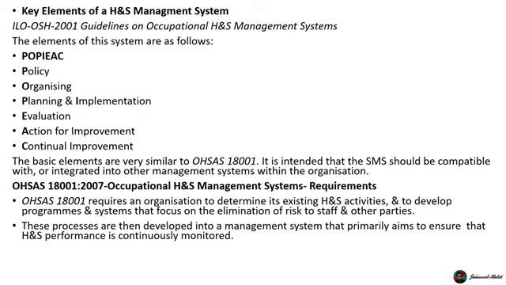18001 requires an organization to determine its existing health and safety activities and to develop programs and systems that focus on elimination of risk to staff and other parties. These are the requirements. These processes are then developed into a management system that primarily aims to ensure that health and safety performance is continuously monitored.